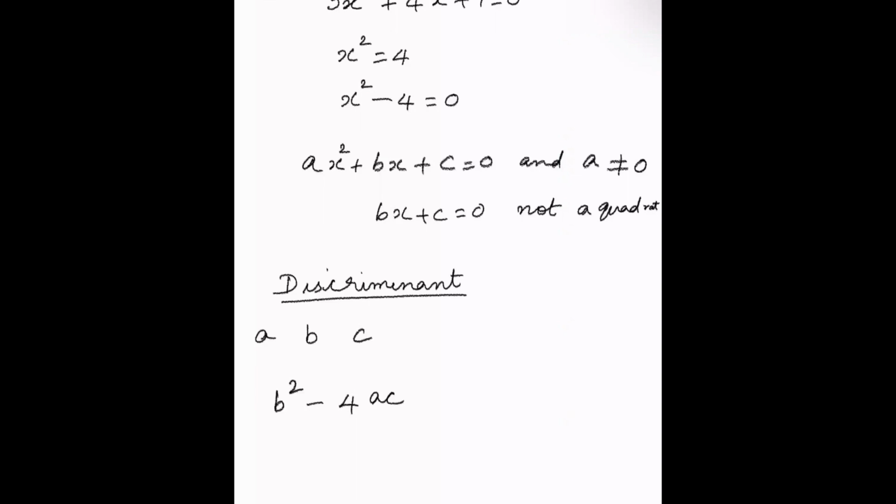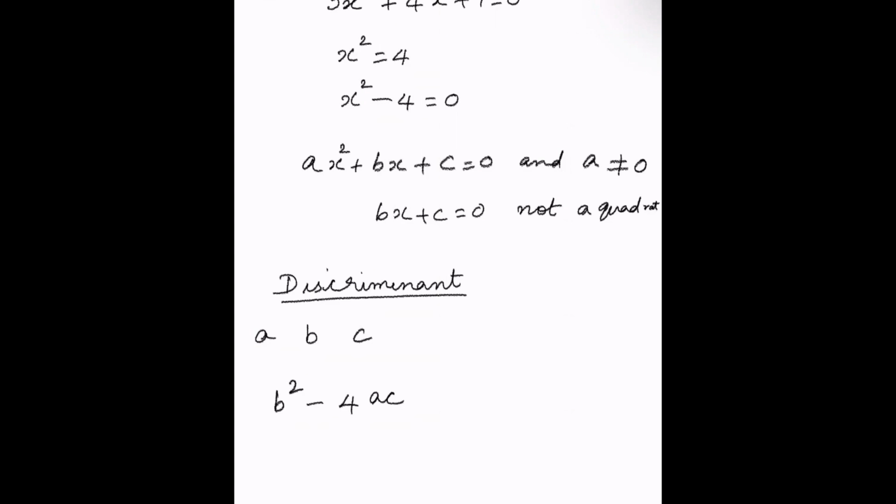For a quadratic equation, the maximum number of roots possible is 2, because the degree of a quadratic equation is 2. So the maximum values that x can take is only 2. If the degree of the equation is 3, it becomes a cubic equation, which you don't need to study.